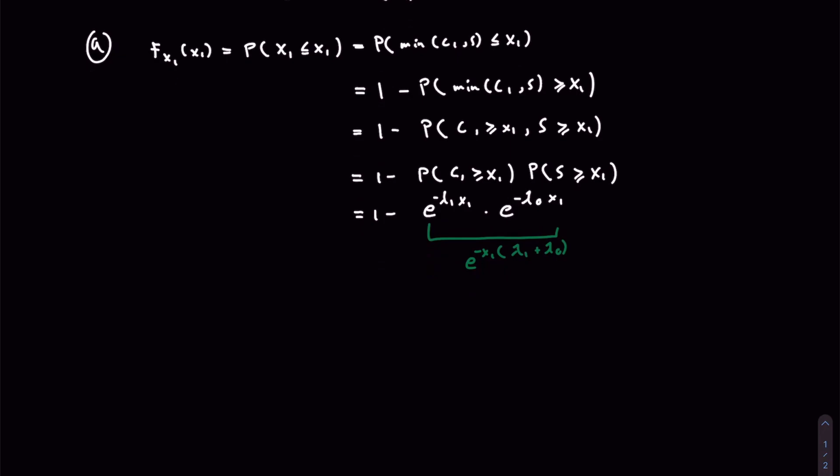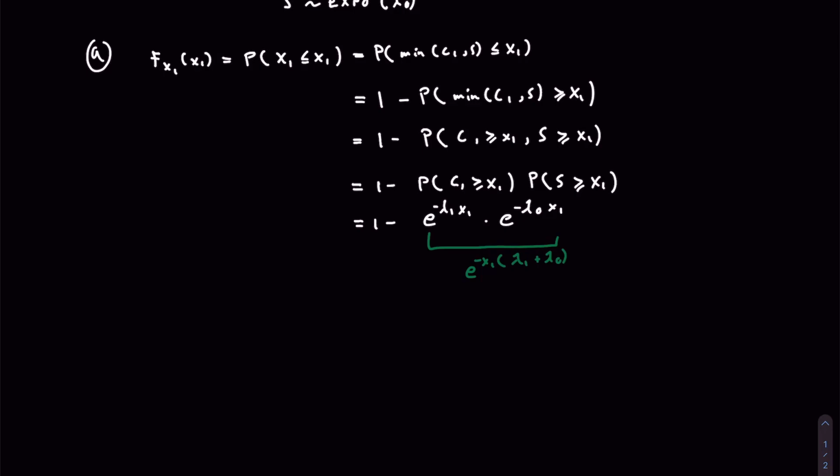So it means that the CDF of this x1 is basically distributed as exponential with rate lambda 1 plus lambda 0. That's the distribution of that variable, and then we can obviously take the derivative and get the PDF for that random variable.